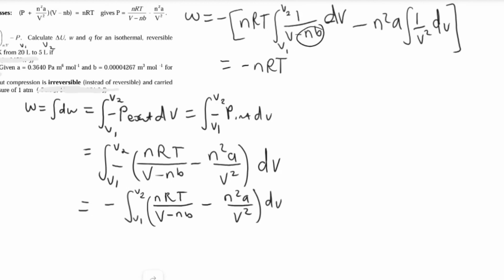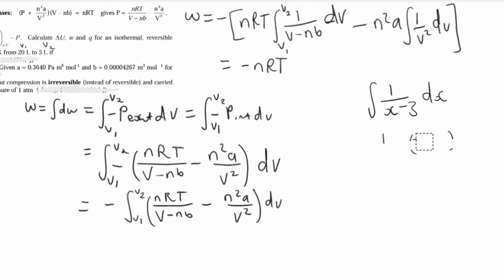Remember, I said everything there is a constant except for the V. These are like the integral of 1 over x to the power of 1, V to the power of 1, and then subtract any constant like 3, dx. This will lead us to ln of x minus 3 itself. We will have something like this as the answer. That's what we are going to do there.